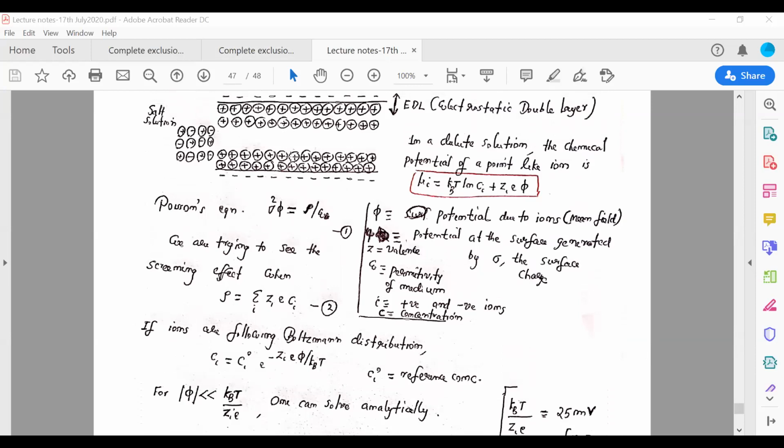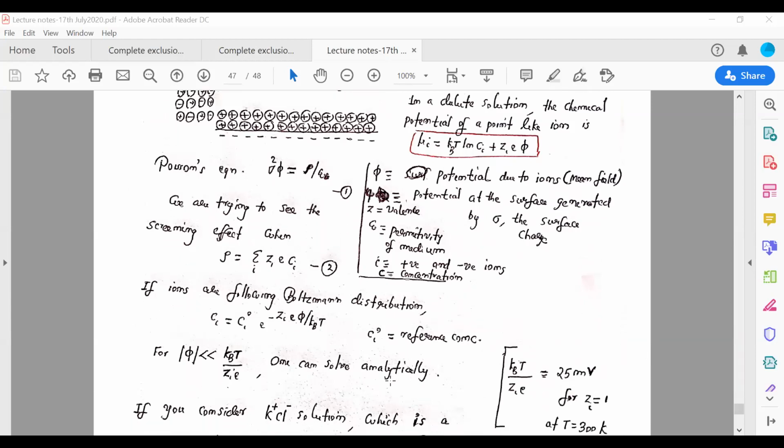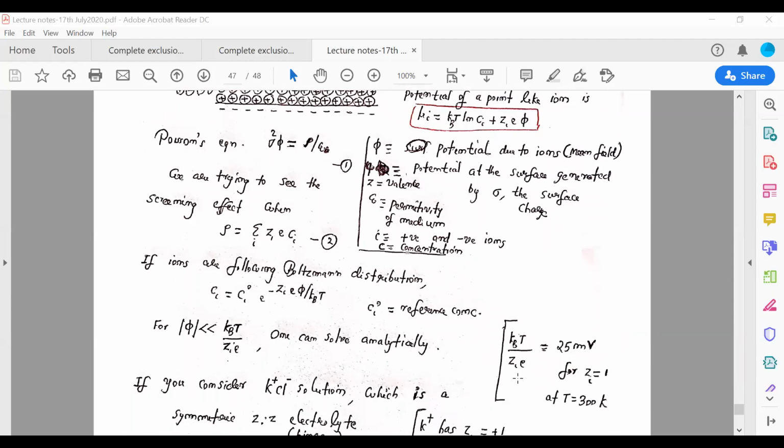So for all the physics we are discussing, the surface potential should be much smaller than the thermal voltage. Your thermal voltage is 25 millielectron volt.